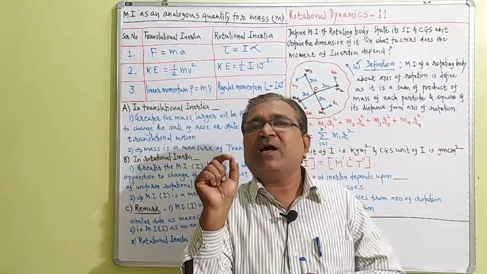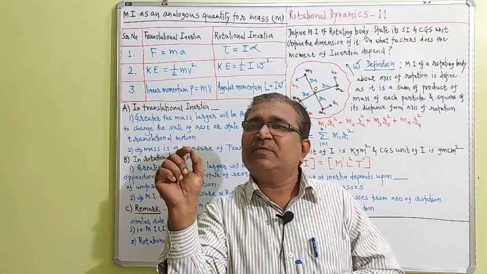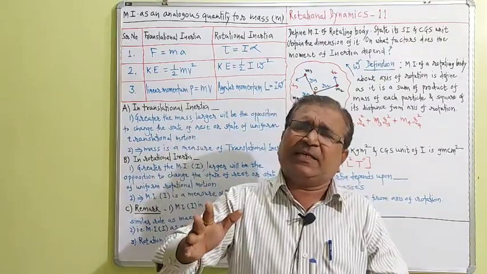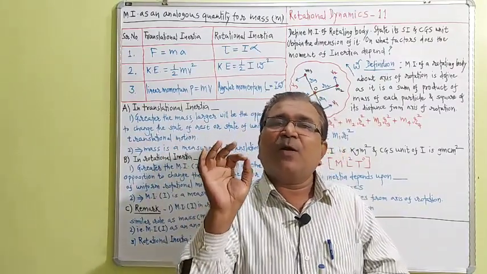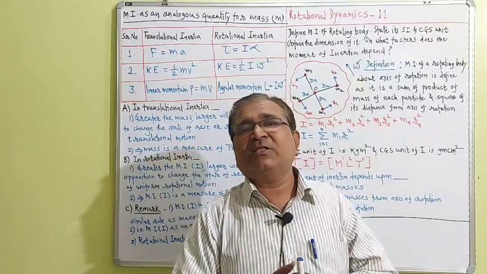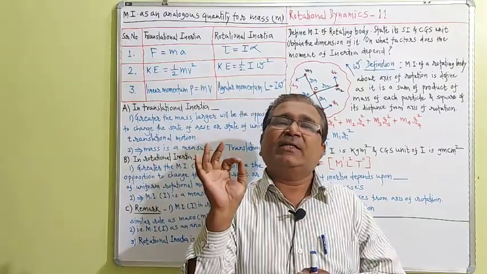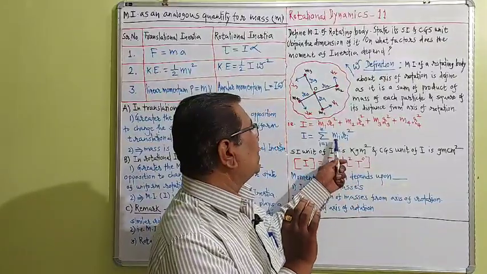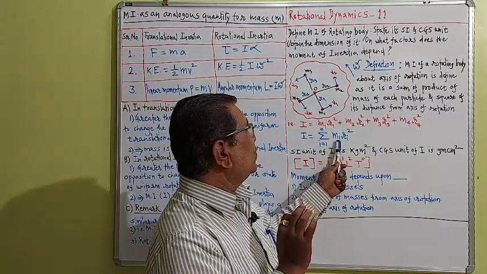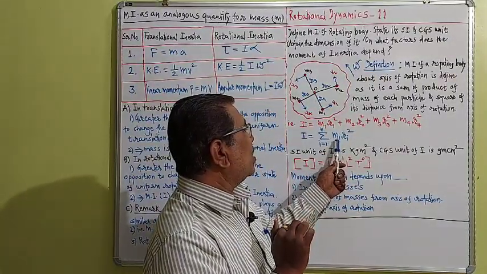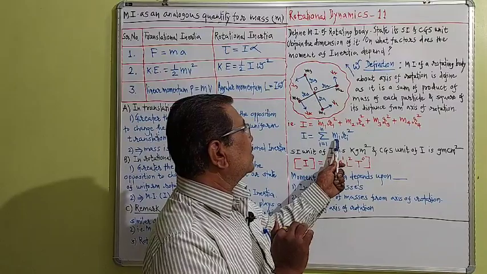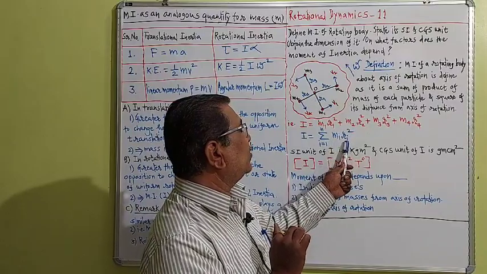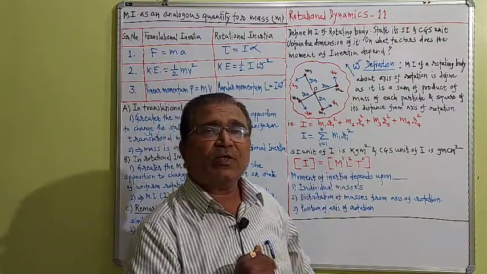Moment of inertia of a rotating body, write the half sentence compulsorily, about axis of rotation, is defined as the sum of product of mass of every particle and square of the perpendicular distance from axis of rotation.